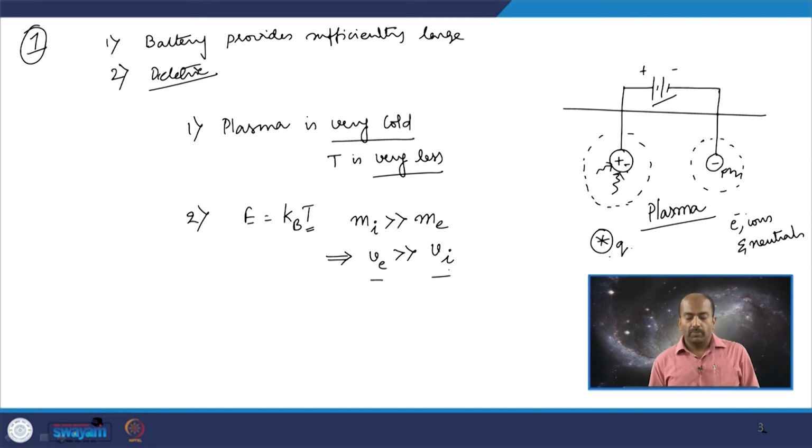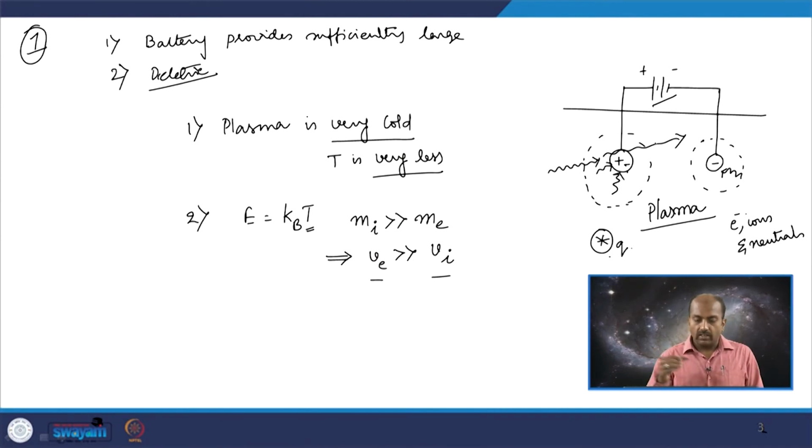As a result, electron indeed wants to recombine, but if the thermal motion of the electron exceeds the Coulombic attraction between the electron and the positive electrode, the electron will simply overshoot the electrode. It will not be able to come and touch the electrode as such. So, there is a possibility the electrons and ions may not be able to deposit the charge.